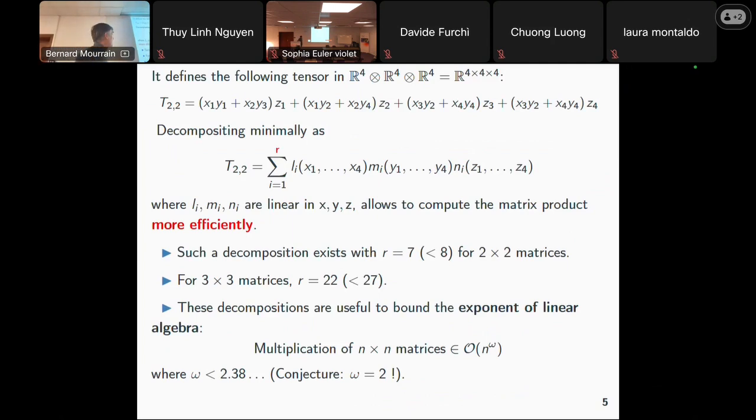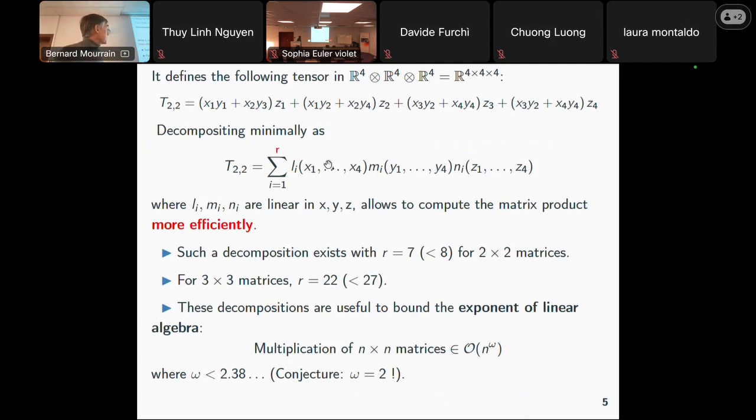And we write this tensor in the polynomial form, where you see here we have for Z'1, where for Z1, we have the value of the product. And the same for the other. So this is a tensor, multilinear polynomials in X, Y, and Z, representing the tensor multiplication of 2 by 2 matrices.